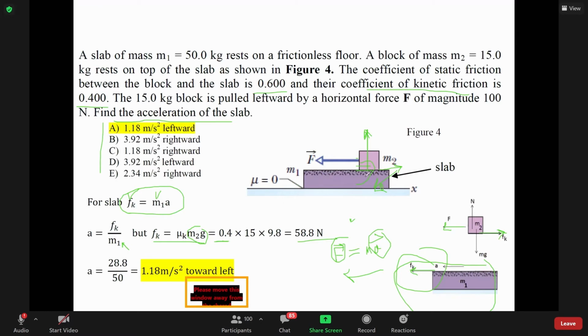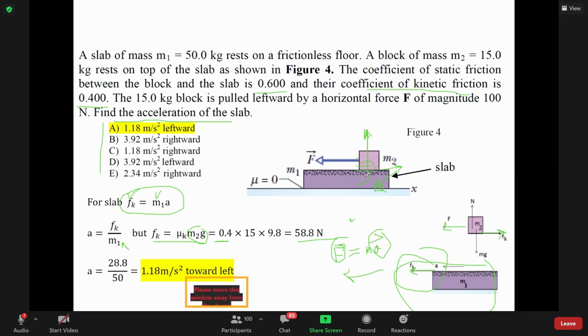Okay, Muhammad. Doctor, the question is clear, but the thing is why the friction force is to the left. Let me tell you. Remember, we said the force of friction is between two objects.